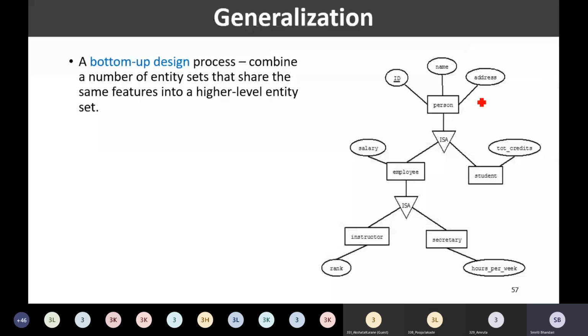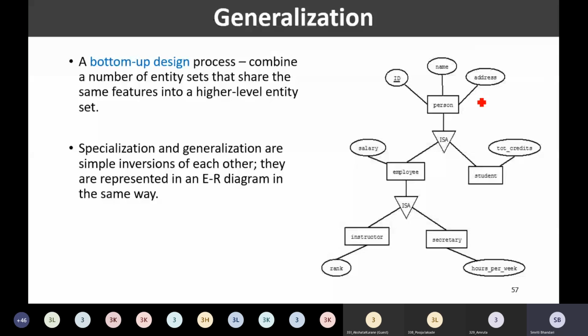But as far as ER modeling is concerned, we come up with the same kind of design ultimately, whether it is a bottom-up process or a top-down process. So you may say that specialization and generalization are simple inversions of each other.